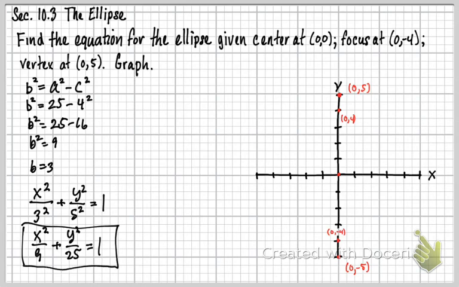Now in graphing this thing, we're actually ready to graph it. We have all the necessary components that we needed. And all we really needed from all of this information to graph it was the B. And we found the B because we knew the C. And remember, the C came from the distance from the center to the focus. So now we know the distance on the x-axis from the center is going to be 3.